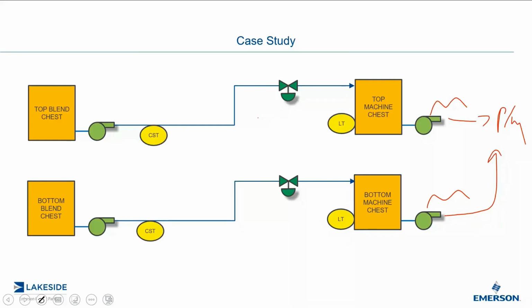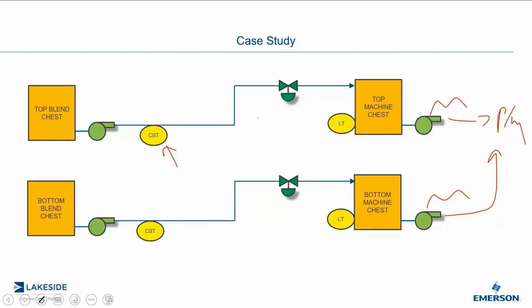It's level control. And what we have here also are called consistency meters. Consistency meters measure the amount of fiber and water in your pulp slurry. It's very, very important to maintain a constant concentration of fiber going to your paper machine, because that will affect the quality of the paper itself.